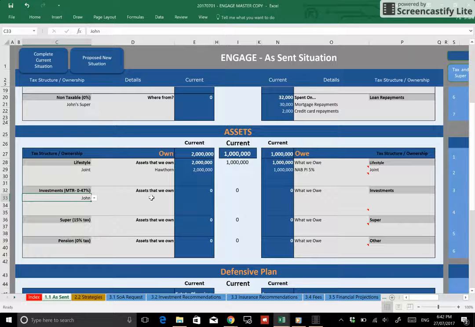So John also has an investment property worth $500,000, and there's a loan of $100,000 on that. And that's with Westpac. That's interest only, and that's 4.8%.